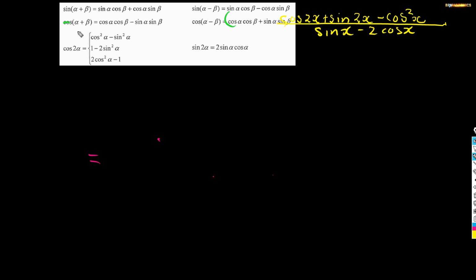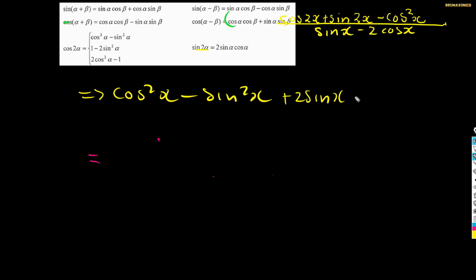So the first thing, as I said, that I'm going to change this part, and then that will be cos 2x. That will be now cos squared x minus sine squared x, and then after that I'll place this guy, which is 2x here, and then that will be plus 2 sine x cos x, and then minus cos squared x, right?